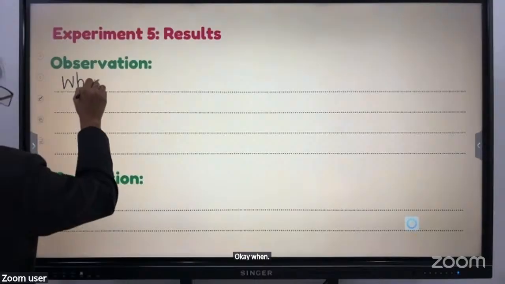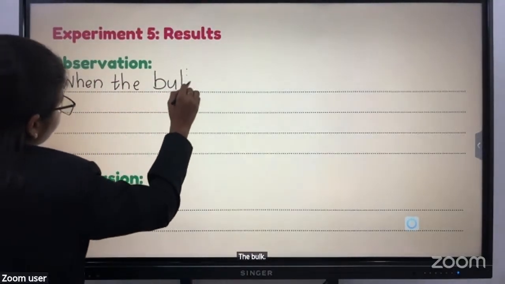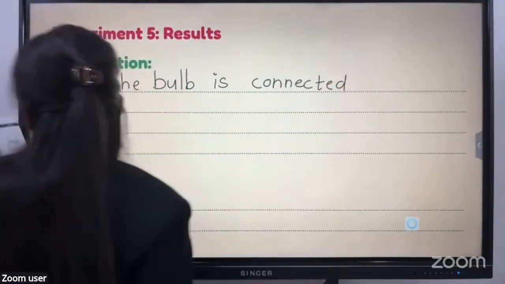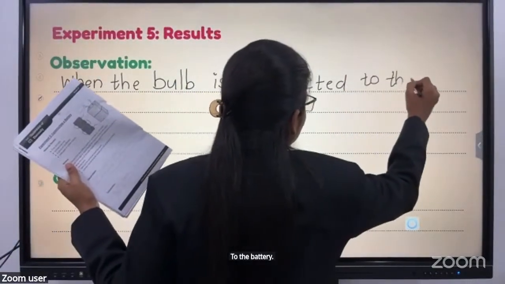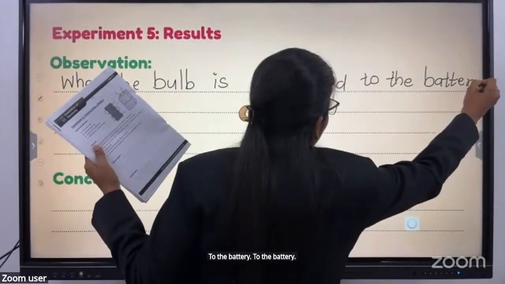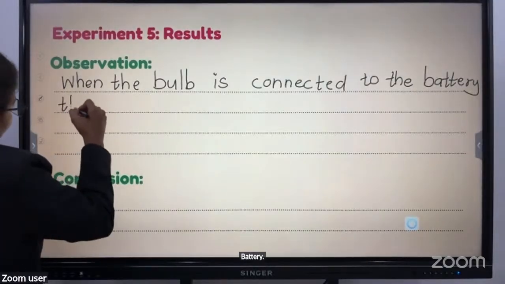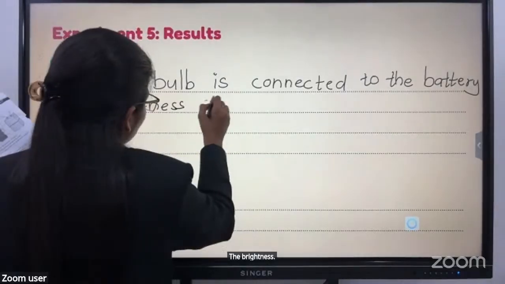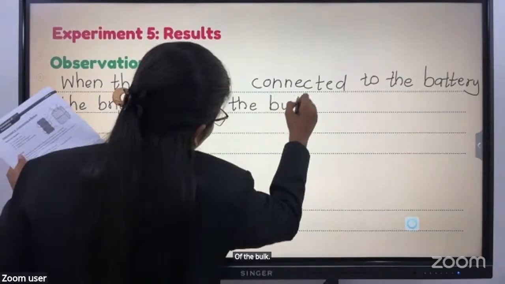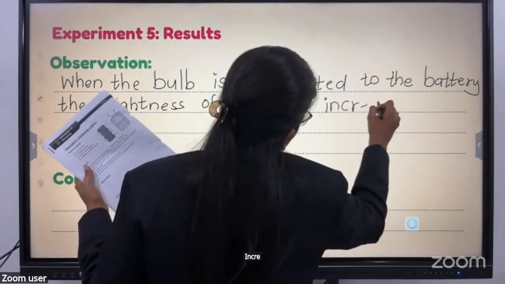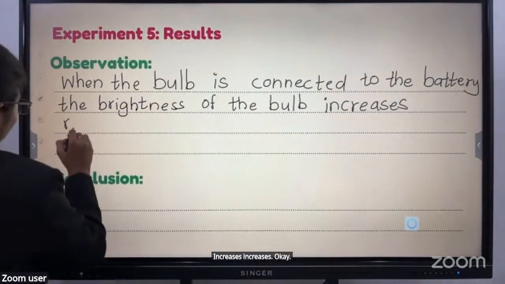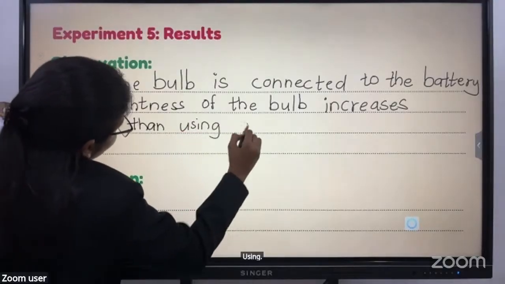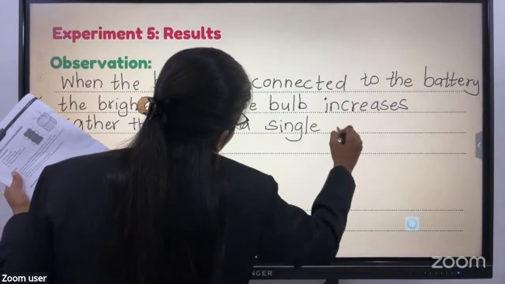When the bulb is connected to the battery, the brightness of the bulb increases, rather than using a single dry cell.